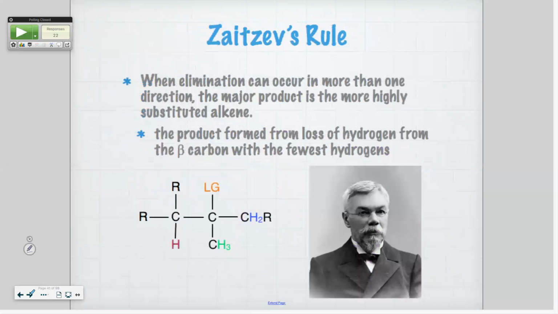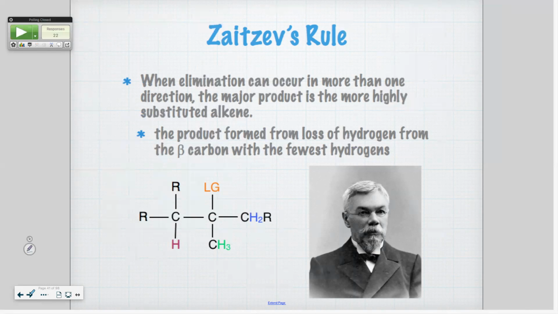There's some unusual circumstances. Okay, so Zaitsev came up with this rule. It's like he looked at a bunch of different reactions, and he said, look at this. Every time we do this, I noticed this. He noticed that when elimination could occur in more than one direction, the major product was the more highly substituted alkene.